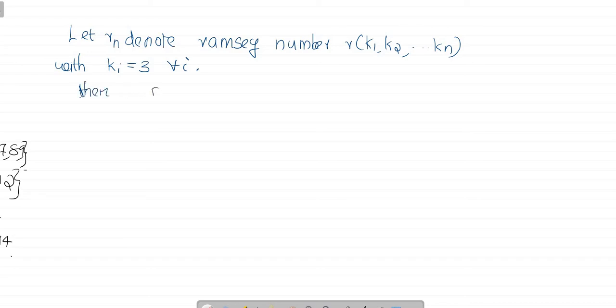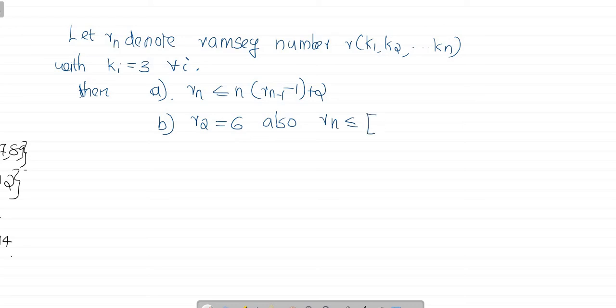Listen carefully: the first result is Rn is less than or equal to n times R(n-1) plus 2, and the second one is R2 is equal to 6. Also Rn is less than or equal to the integer part of n factorial times e plus 1, and we also need the result R3 is less than or equal to 17. So we have to notice this definition.